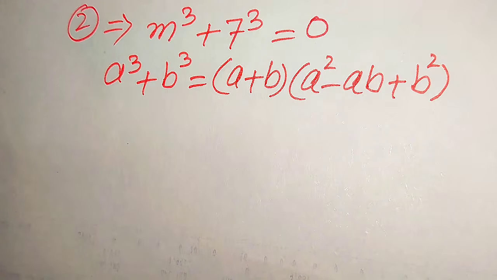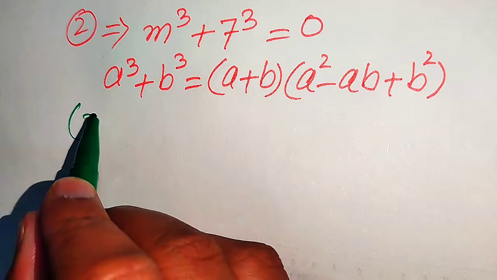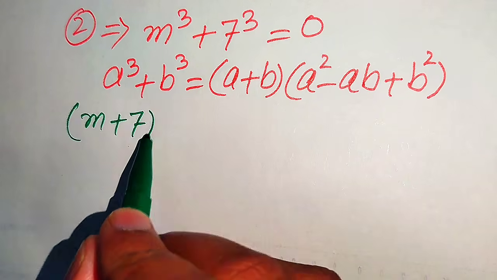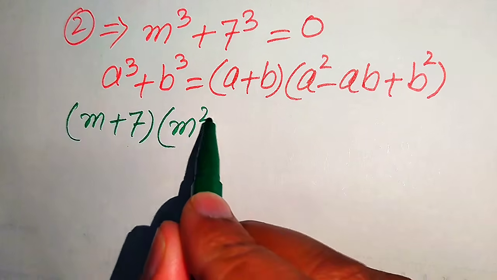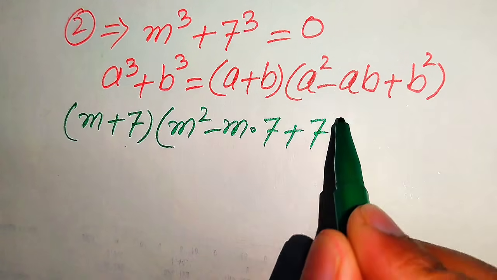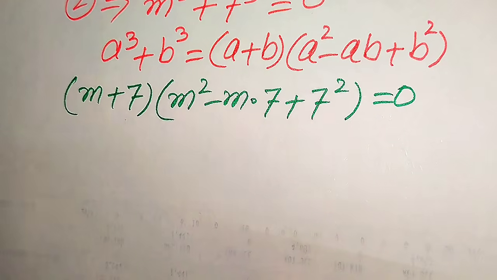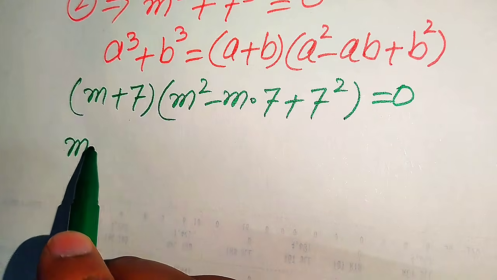So according to this formula, we write the above equation in this form. First you have m plus 7 times m square minus m times 7 plus 7 square, and this whole equation is equal to 0. And now we divide this equation into two cases.